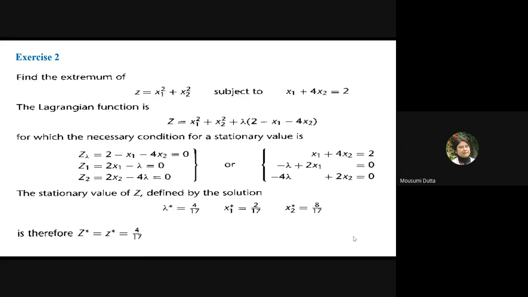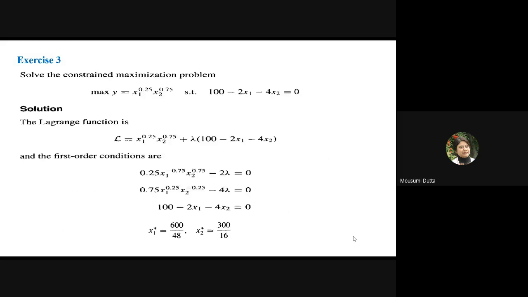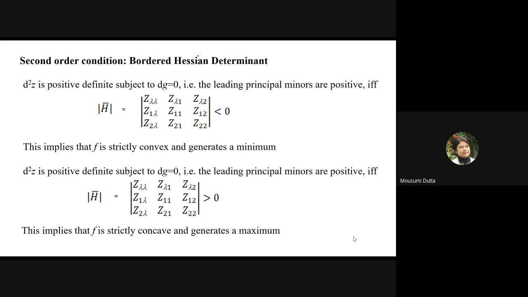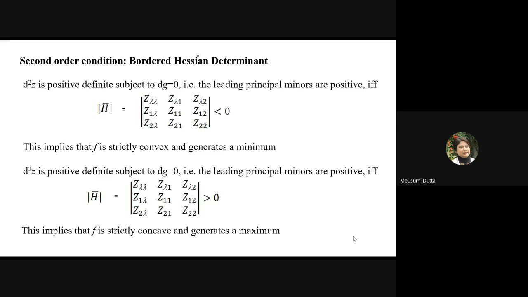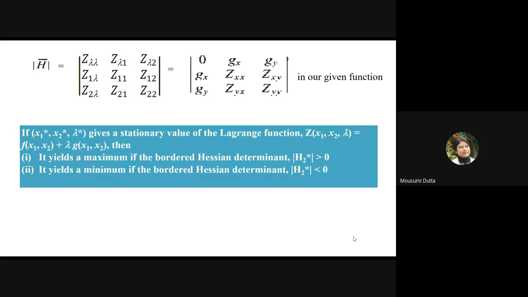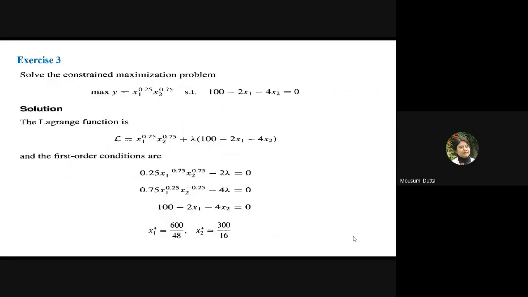So these are several examples. Please check these things and do them on your own. This is a constrained maximization problem once again, so you will be able to check the bordered Hessian determinants too. I think you should practice up to this. Next day, I'll talk about how we derive the second order derivatives. It may be a bit difficult for some people to do these on their own.